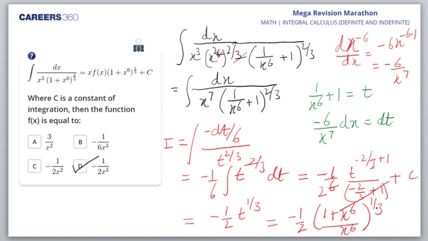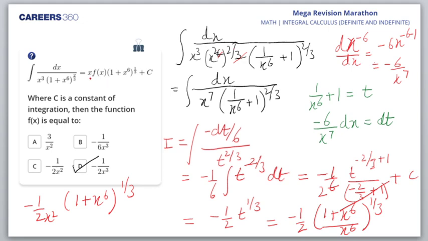This x raised to power 6 when raised to the power of 1 by 3, I'll get 1 by x square. So I'll get minus 1 by 2 x square, and 1 plus x raised to power 6 raised to power 1 by 3. Am I right? So this is the answer we are getting.